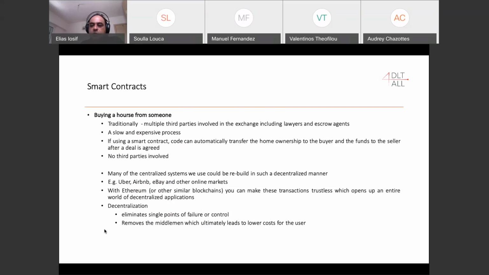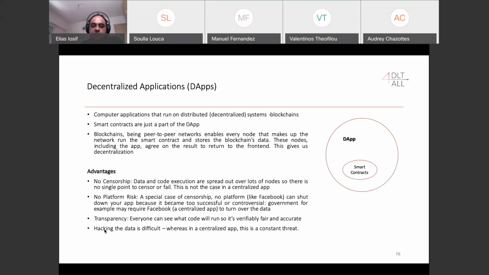Again, there is no need to build trust between you and the other party. This is programmatically handled by smart contracts.